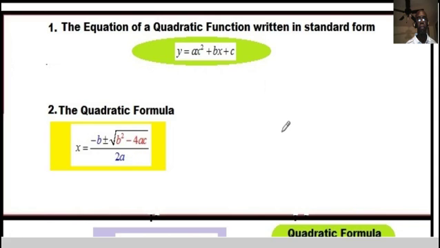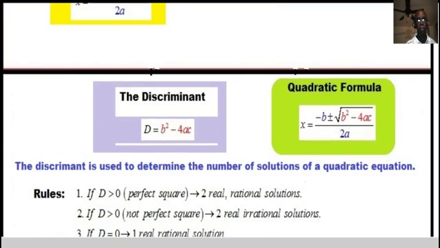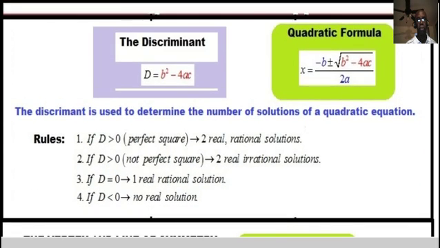So this is a formula used to find the solutions of a quadratic equation. However, in this lesson I will not be showing you how to use the quadratic formula to solve a quadratic equation. What we will be doing is looking at the different parts of the quadratic formula.